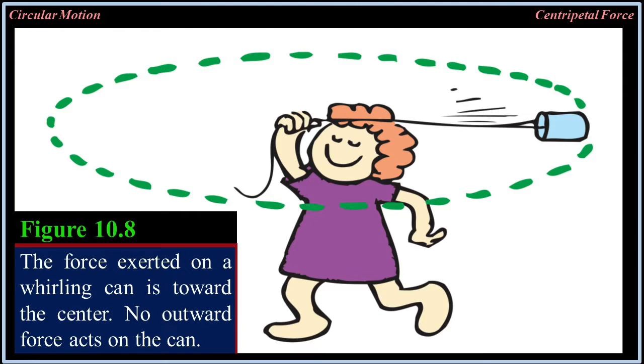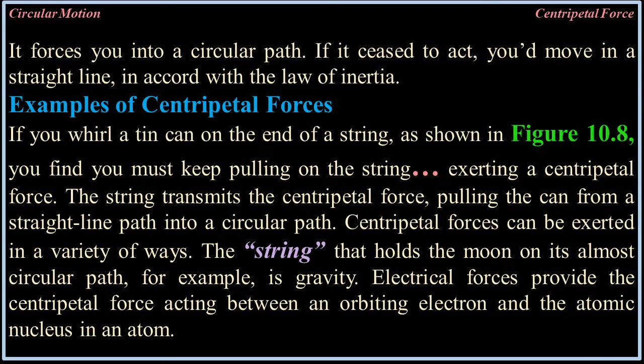Centripetal forces can be exerted in a variety of ways. The force that holds the moon on its almost circular path, for example, is gravity. Electrical forces provide the centripetal force acting between an orbiting electron and the atomic nucleus of an atom.